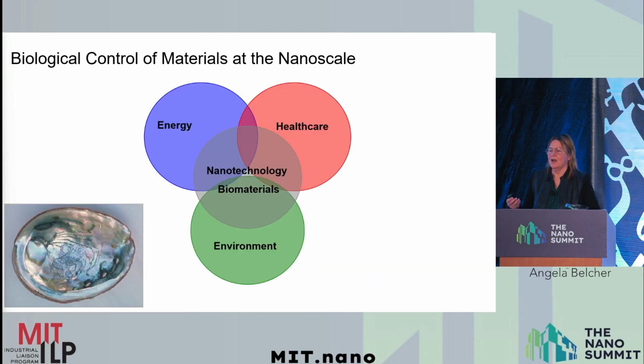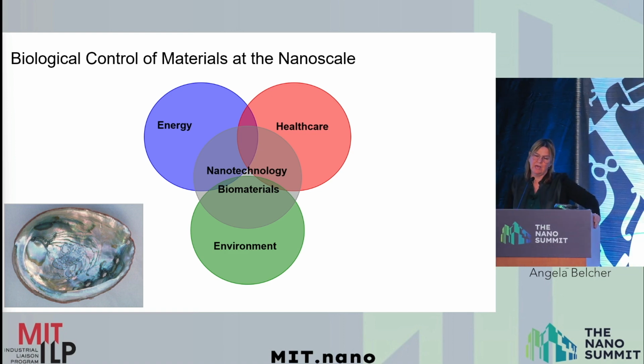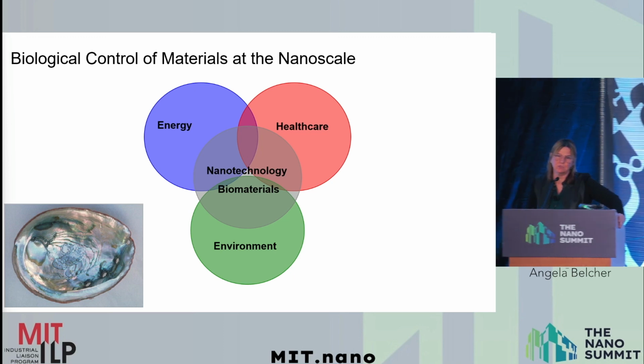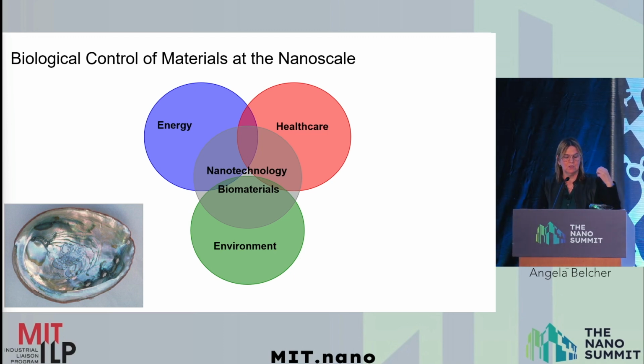So I work at the interface between nanotechnology and biology and in applications. And so we work on energy, healthcare, and the environment. And just like this organism, the abalone, used proteins and used DNA to make proteins to control exquisite control over calcium carbonate nano-based materials, what our lab has done is evolve organisms to have proteins to genetically control anything we want on the periodic table.